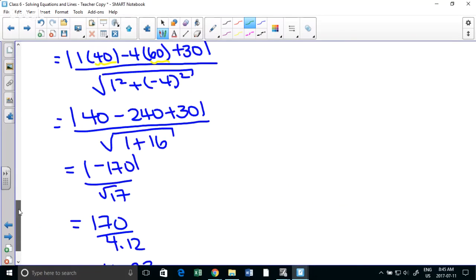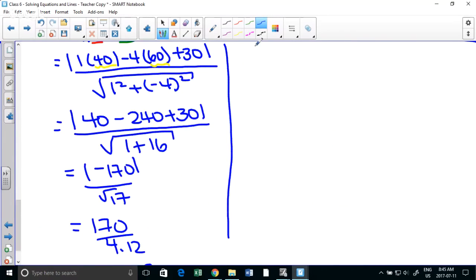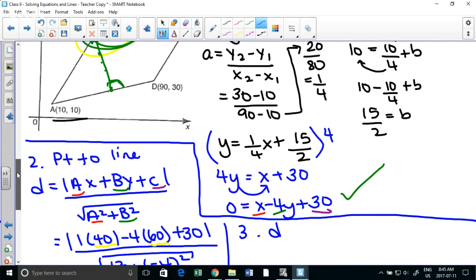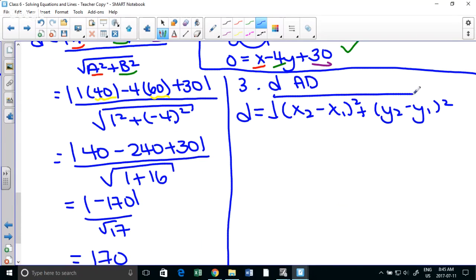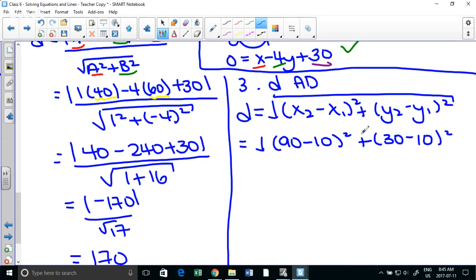All right. The next thing we need to do is get the distance from A to D. So this is where I apply the distance formula we're all used to using. So I have 90 and 10, and I have 30 and 10, remembering that those are the coordinates of the 2 points.